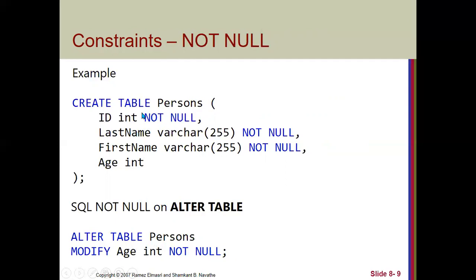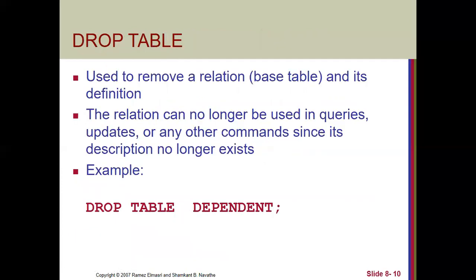You want to alter this table Persons by modifying the Age integer to be Age NOT NULL. So you can alter a table after creating it. When you create the relation or table, you can alter it to add constraints or to remove constraints on these attributes. Okay, so this is the SQL with NOT NULL.